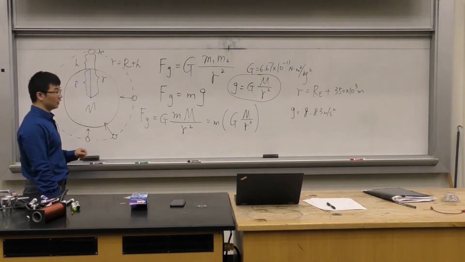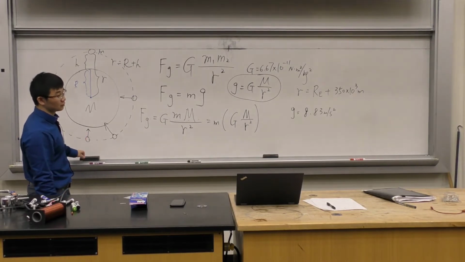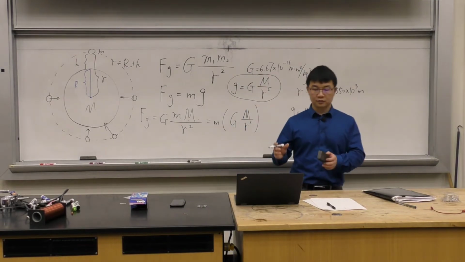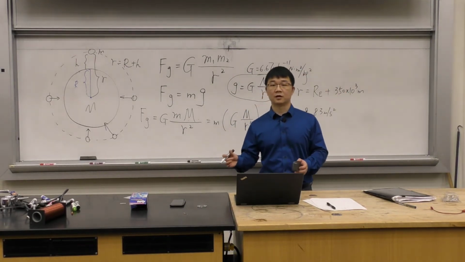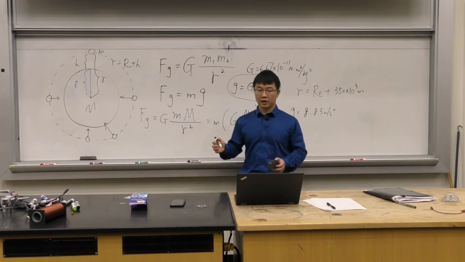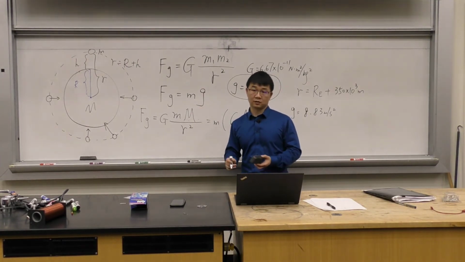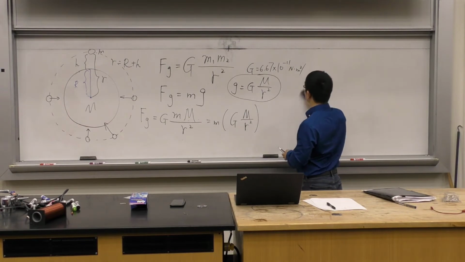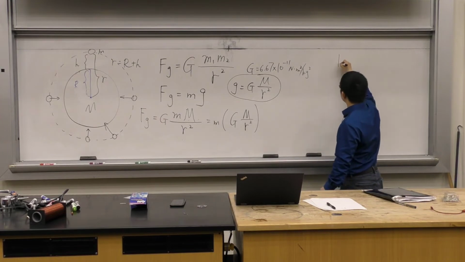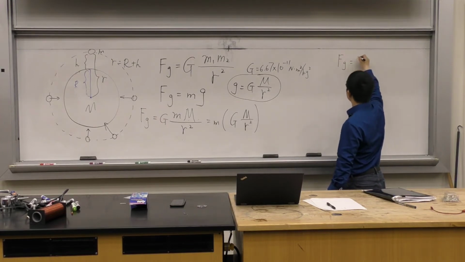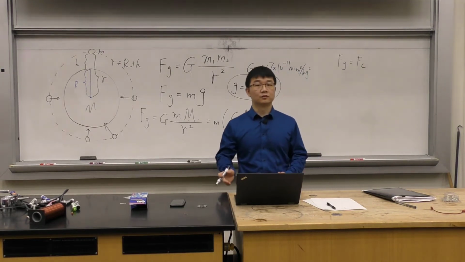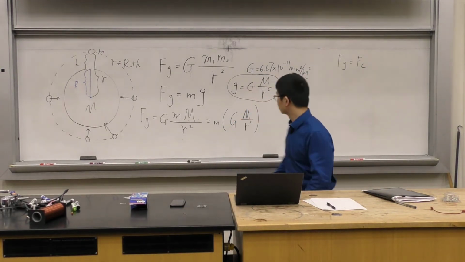So that means if I calculate centripetal force using the centripetal force equation, and I calculate the gravity from the Earth on the satellite using this equation, I should get the same number, right? Now, let's do this. Let's set them up. So, in this case, gravity equals centripetal force, right? Because gravity is the centripetal force, in this case, for these satellites.